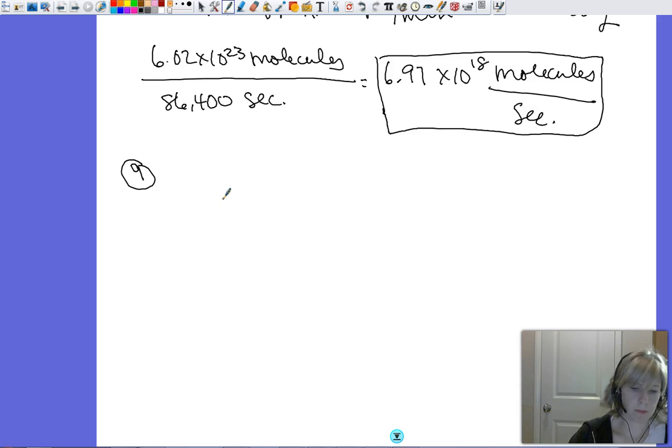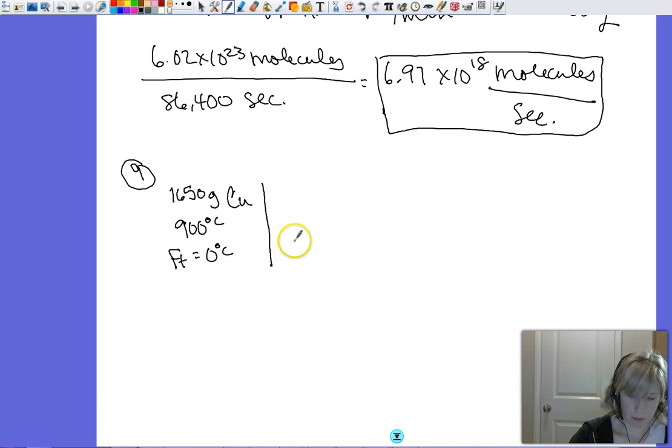For heat exchange problems, I like to write what information I have for each one. So I have 1650 grams of copper, and then it's heated to 900 degrees Celsius. Its final temperature is going to be 0 degrees Celsius because it says it cools all the way and there's still ice left.